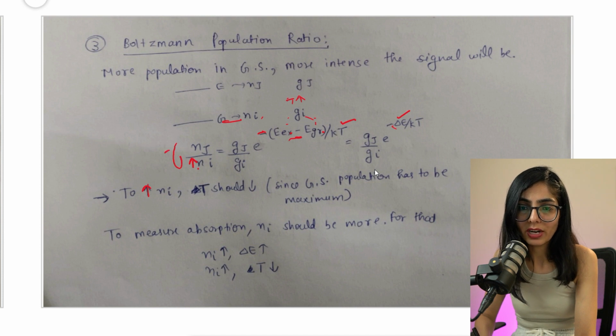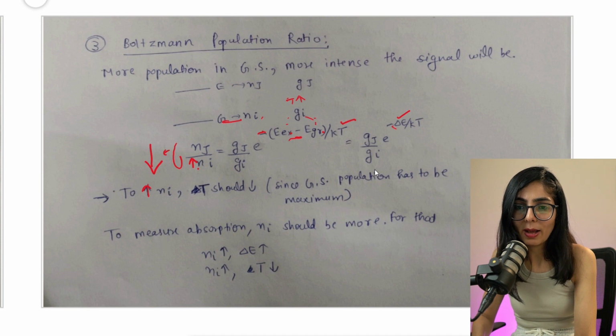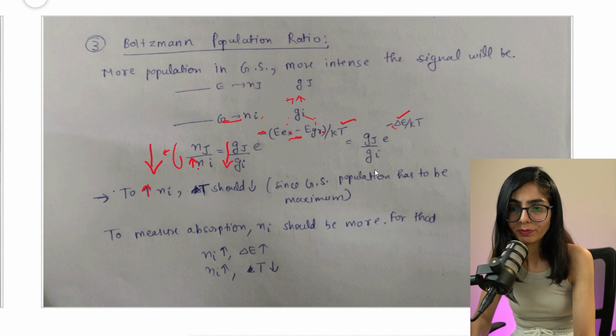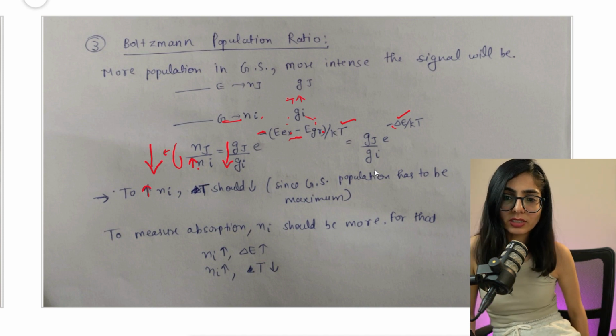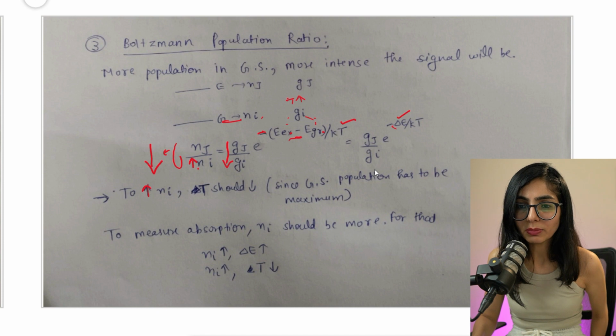So this whole exponential thing will also decrease. That means this number must be more, because there is a negative sign.